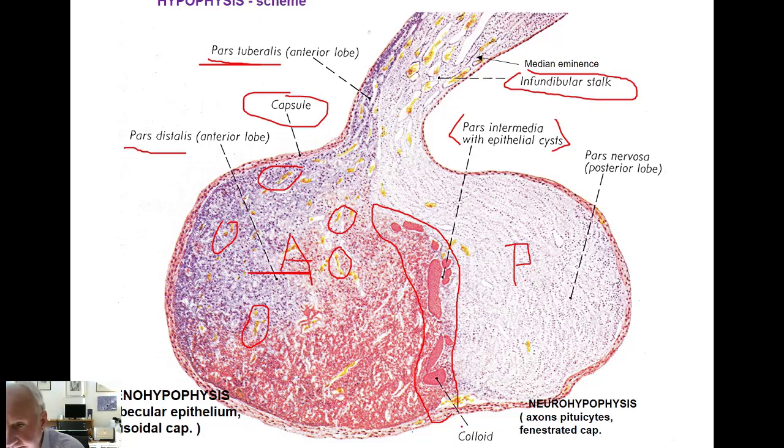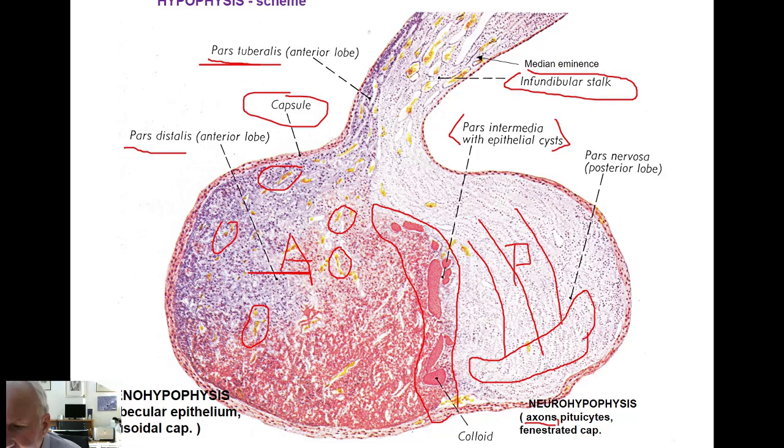In the neurohypophysis, of course, there are many axons. You know where the neurons are: the bodies are sitting in the nuclei in the hypothalamus. So the axons come down here, and the axons end at a system of fenestrated capillaries in this region.